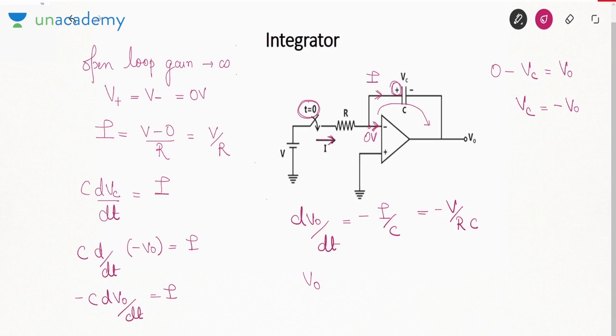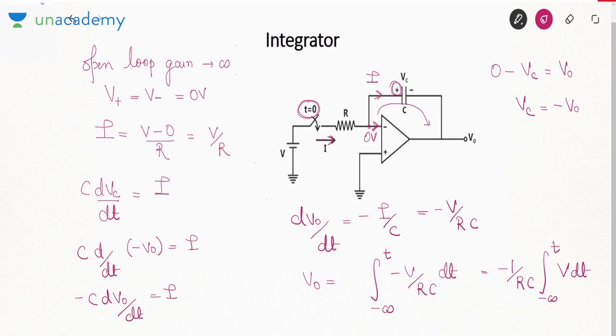So if you want to find out V0, what you will do? Minus infinity up to t minus V by RC dt. Or you can say minus 1 by RC integral from minus infinity to t v dt.